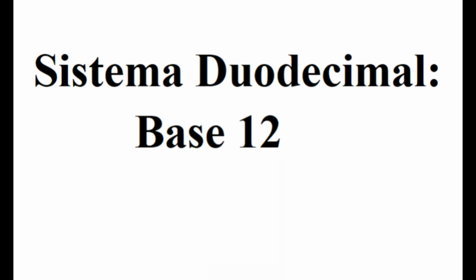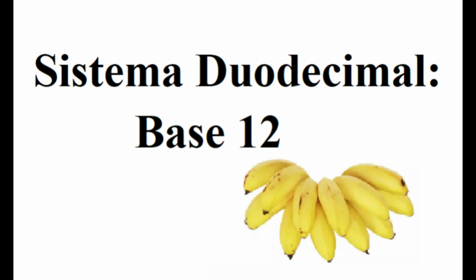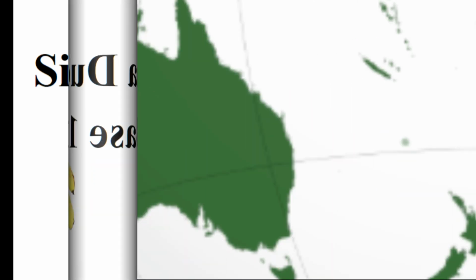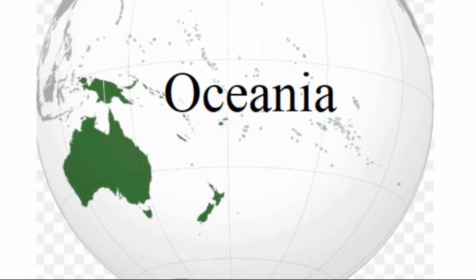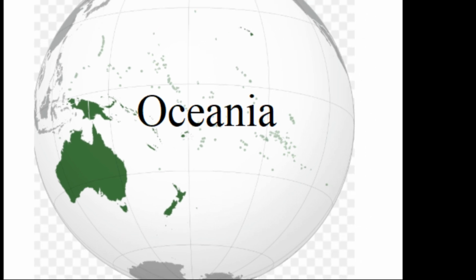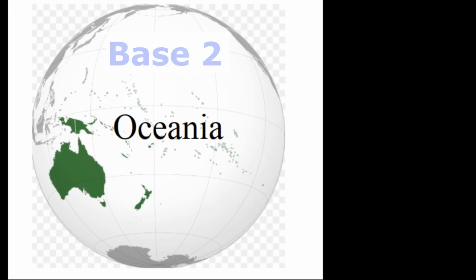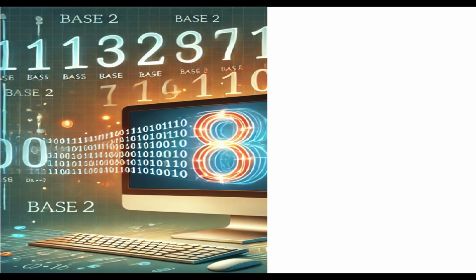Some cultures used base 12 numeral systems. This tradition has left its mark as well, such as the continued use of dozens in counting today. In Oceania, certain indigenous systems utilized base 2 and other bases. Yet, the primary reason we study bases other than 10 lies in the realm of computing.